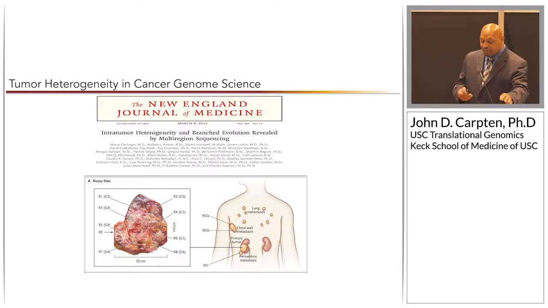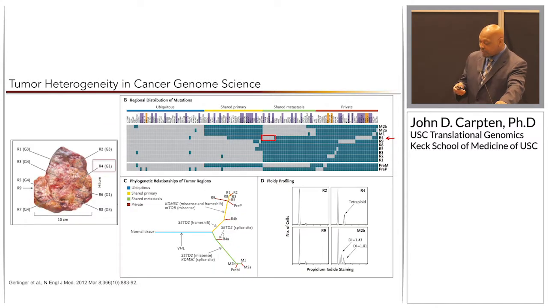So many of us have seen and read the literature, the work from Charlie Swanton's group, where they took a single renal tumor, broke it into various pieces, and then sequenced those regions independently, selecting different regions from a renal tumor and performing next generation sequencing. They were able to provide some context around which regions were likely to give rise to the metastatic tumors from that same patient.